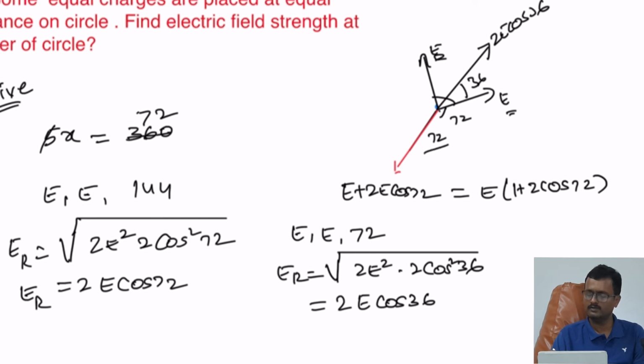See here, this 72 plus 72 is 144. 144 plus 36 is 180. So this total angle is 180.